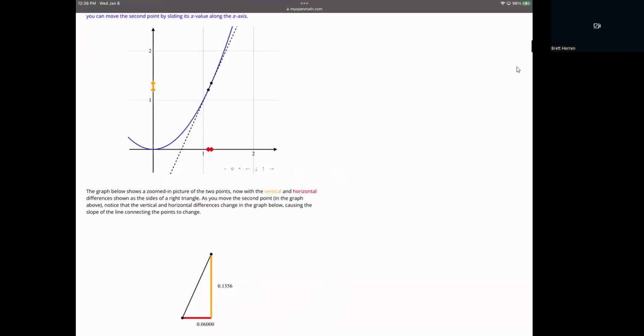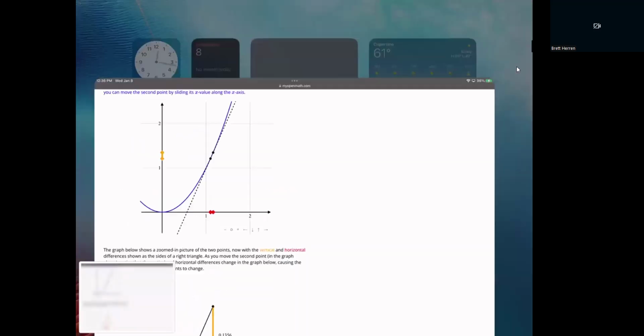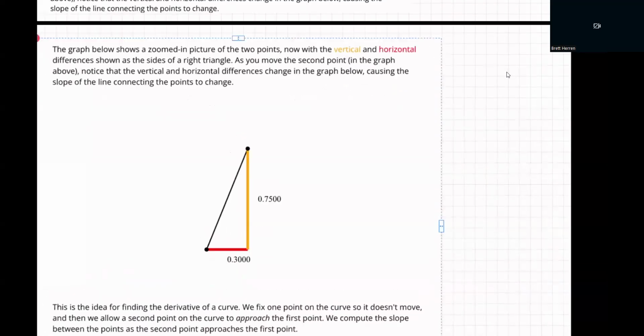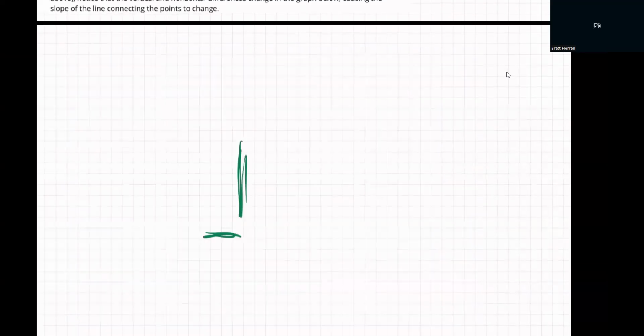So I'm going to go to Desmos. I'm going to use 0.1356 and 0.06. See those numbers down there? 0.1356 and 0.06. So let me use those numbers. In fact, let me bring this back and I'll put it right here for us. I'll get rid of this one and I'll put in this new one. And let me get rid of my scribbles here.